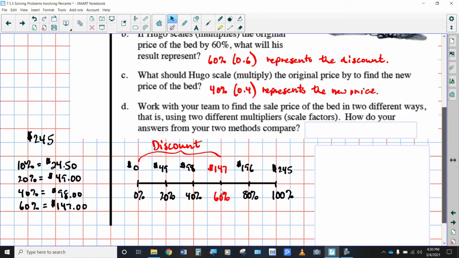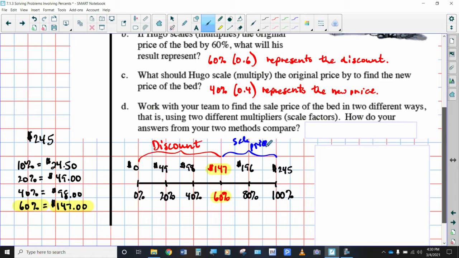Then you can find, all right, where is 60%? So 60% is the sixth line over, right? And so what dollar amount corresponds to the 60%? That was your $147. So we can label this as 147. So this part would be the discount, which means that the rest of it, this section in here, would have to be your sale price.